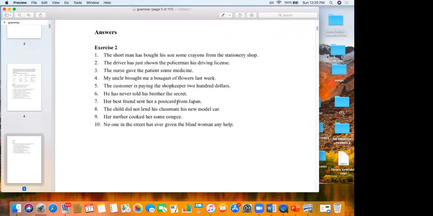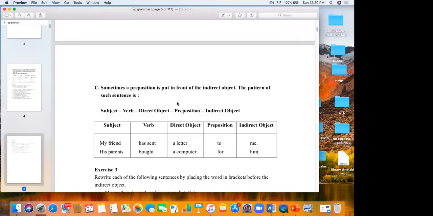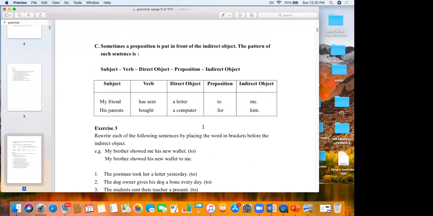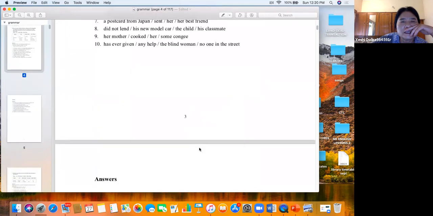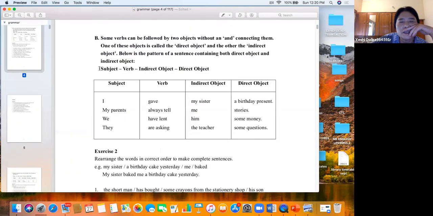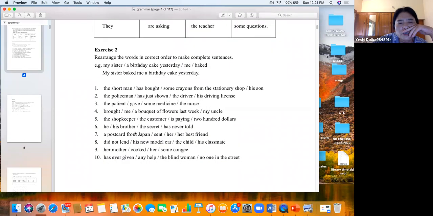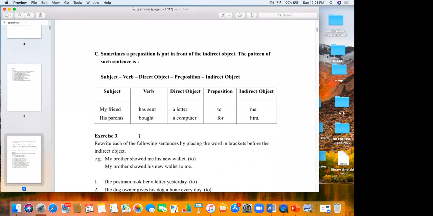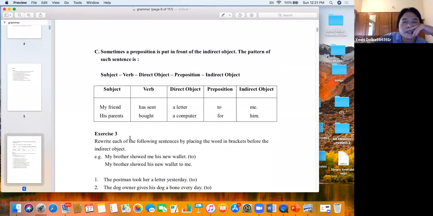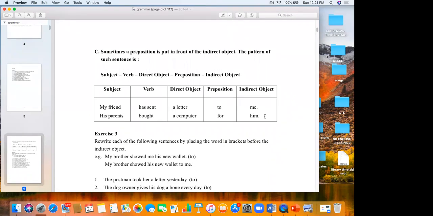Now when you put a "to" there, you can write a sentence in this form. Look at this. All right. So you can say, my friend has sent me a letter.